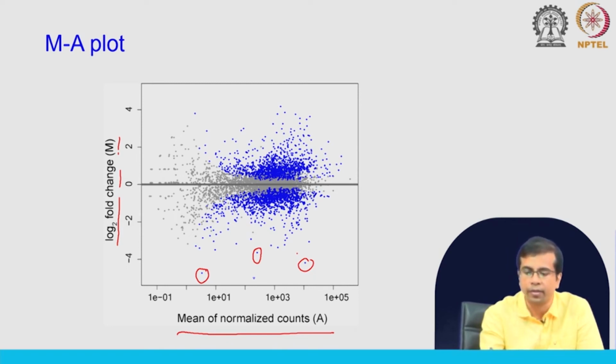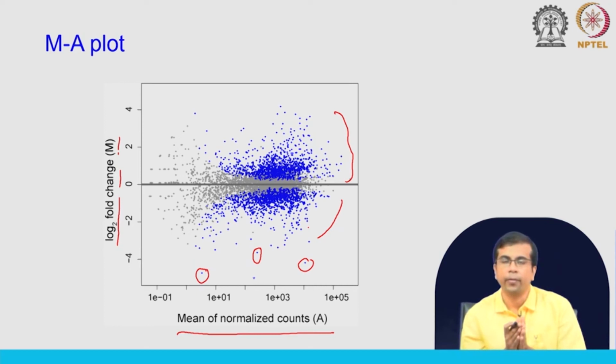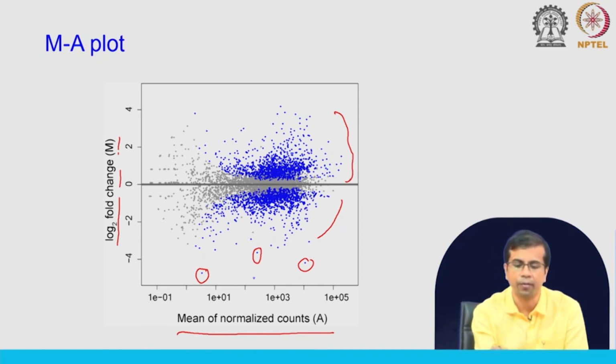So, the genes that are in blue in this top part are overexpressed or show higher expression in the G4 sample compared to G1, and the genes in blue here show negative log2 fold change, so they show lower expression in the G4 sample compared to G1. Okay. So, you can get an idea of the number of genes showing this, and you can also see the distribution of log2 fold change.